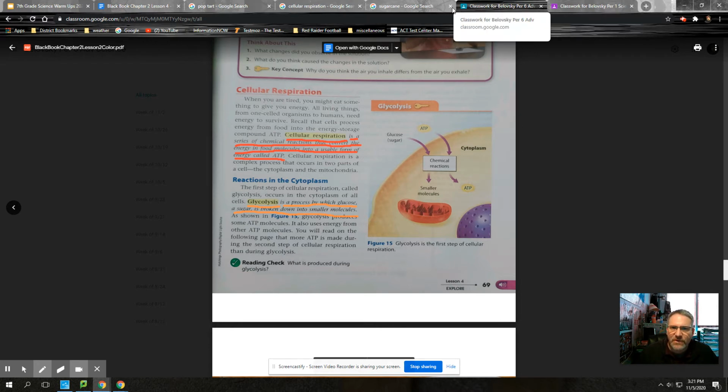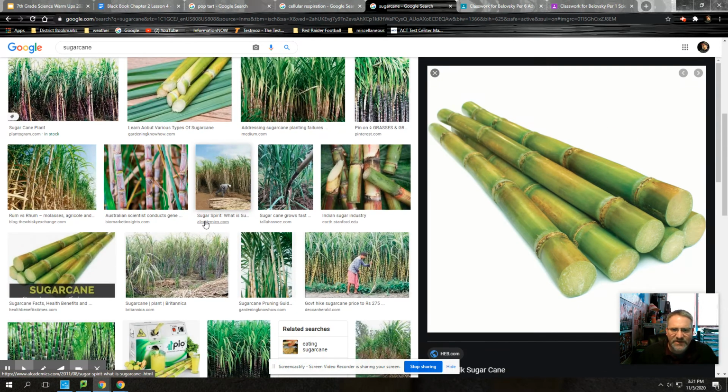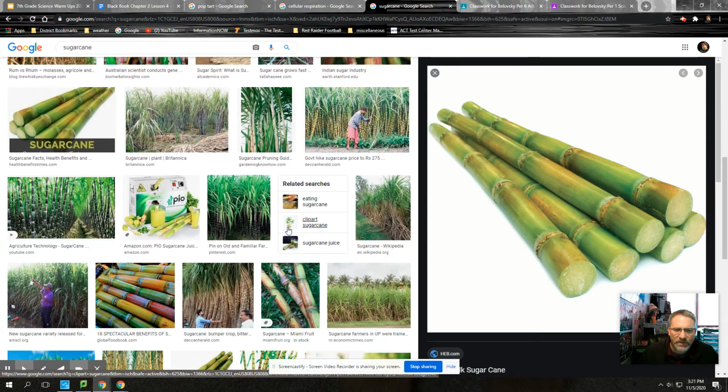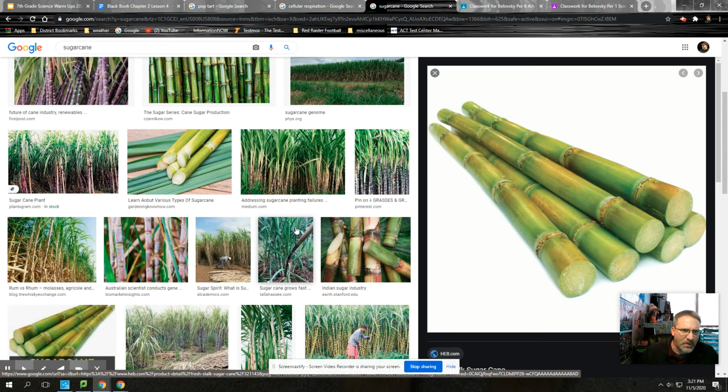This right here is where we get sugar from, sugar cane. I'm sure that you have seen that before. They squeeze sugar cane, and out of the sugar cane comes a liquid, and that liquid is processed and made into the sugar that we know, what's in your sugar bowl at home.